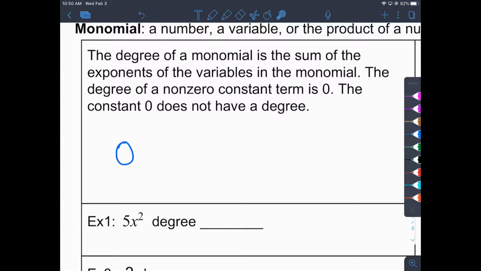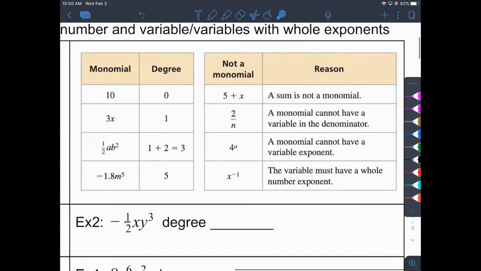All right, so what are some of the examples that we're talking about? Well, here are some examples of monomials. The number 10 is a monomial. It's a single term. Of course, its degree would be 0, as we just discussed, because it doesn't have any variables. But if we go to this 3x, it is also a monomial because it's one single term. There's no plus or minus sign between the 3 and the x. In fact, they are a product.